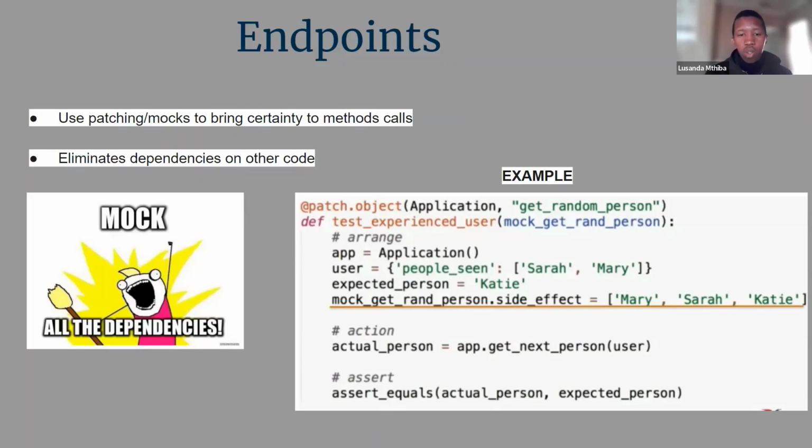Then it will be overridden. When you call that application, if it's supposed to go to the method get_random_person, it just takes what you have overridden. So it tests if the actual person is equal to the expected person. That's all I can say.